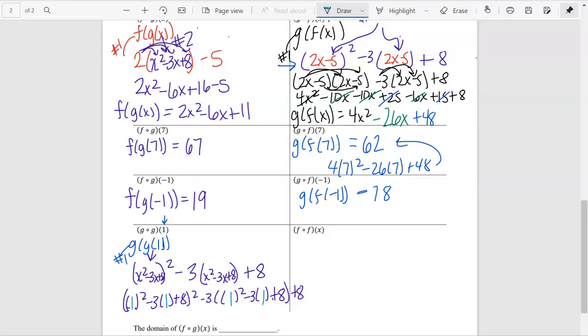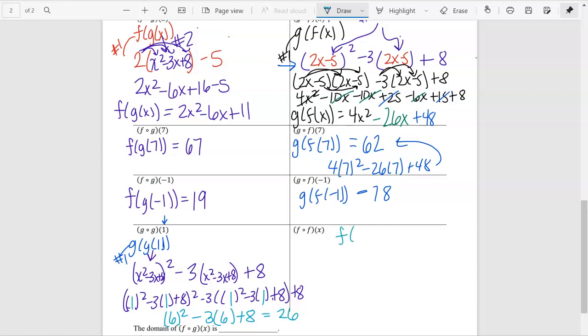If I do 1 squared, that's just 1 minus 3, -2. -2 plus 8 is going to be 6 squared. Then we've got minus 3 times 1 minus 3, that's -2, plus 8, 6 again, plus 8. And so that's going to get me 36 minus 18, which is 18. 18 plus 8 is going to be 26.